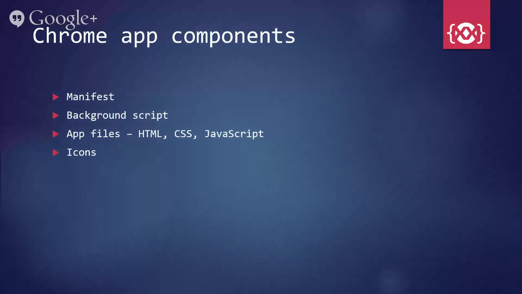It contains events for when it launches, when it installs, when it gets suspended, etc. Then the other application files, which are also written in HTML, CSS, and JavaScript. And of course, you've got your application icons.